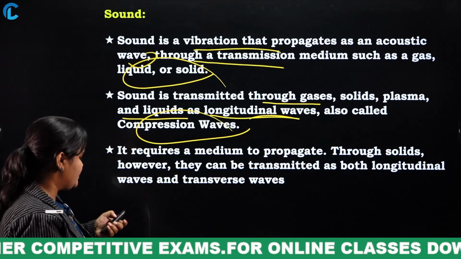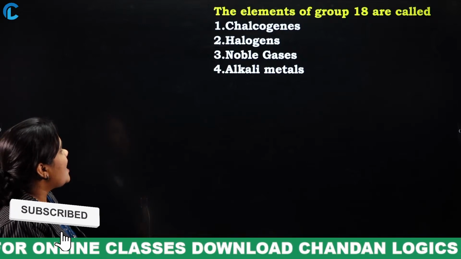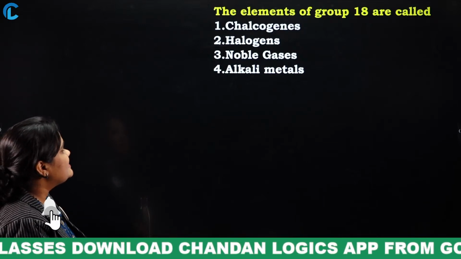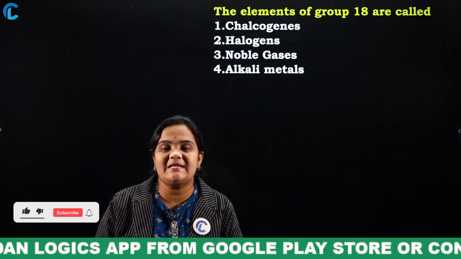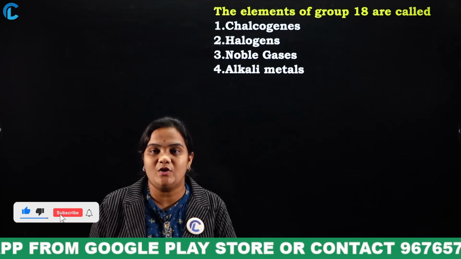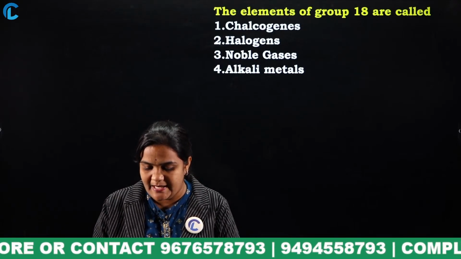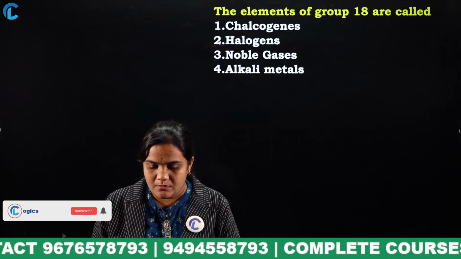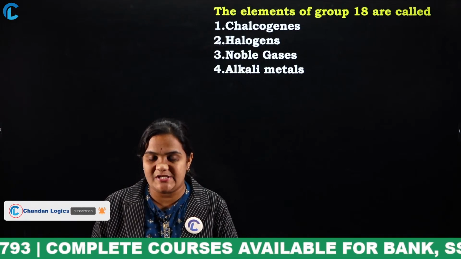Okay. Next. The elements of group 18 are called chalcogens, halogens, noble gases, alkali metals. Okay. Group 18 elements which are present in the P block are said to be what? Come on. Yes, everyone has to get the correct answer. Everyone mention the answer in the comment section.